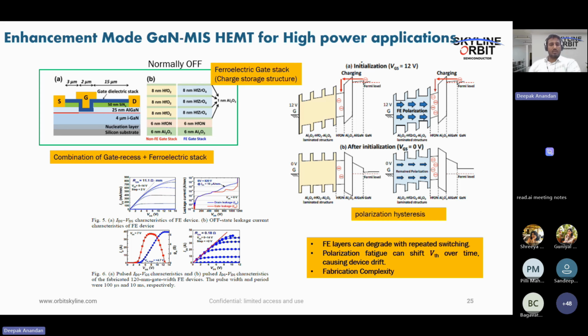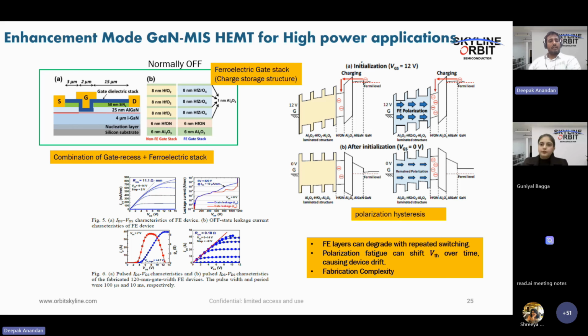Those are limited actually. It is yet to be explored more. And of course, ferroelectric layers are more degradable with respect to long lifetime. So it is kind of under the development stage. There is no prominent result, or industry has not adopted it yet.